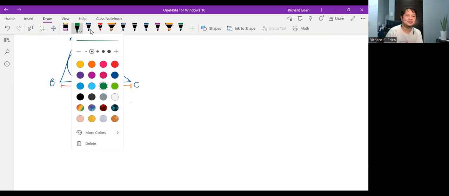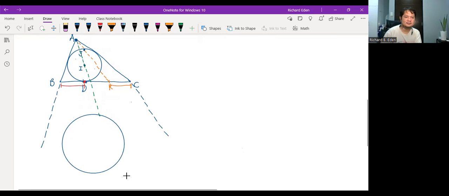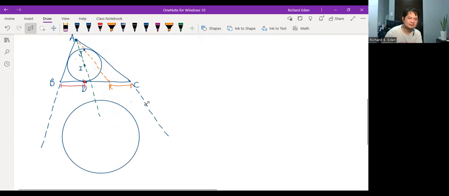Ito, sige, wrap up natin. So, if we're gonna draw the excircle, extend natin ito. Tapos drawing natin no, the A-excircle. I hate angle bisector, so I will just use the circle tool.